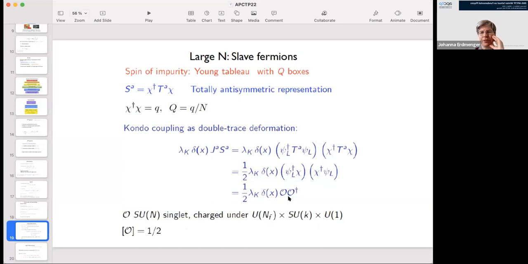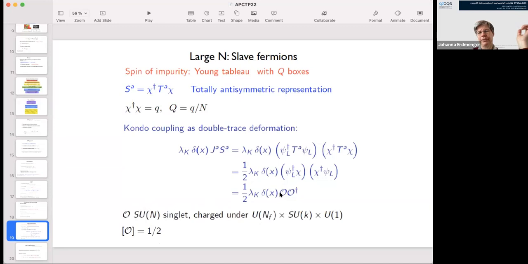The key point is that here I have an interaction between two vectors in the spin space, but in the large N limit, I can translate this into an interaction between two scalar fields, which, in analogy to what happens in AdS/CFT, I can call double trace because each of them is individually invariant under this SU(N) symmetry.